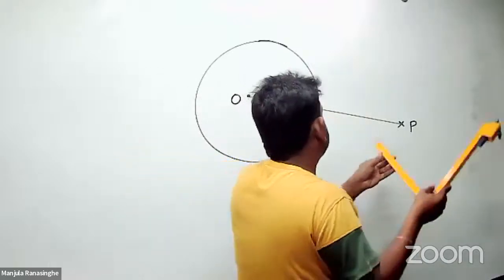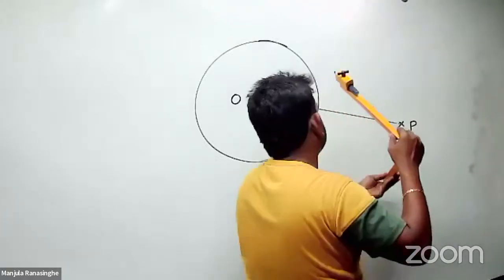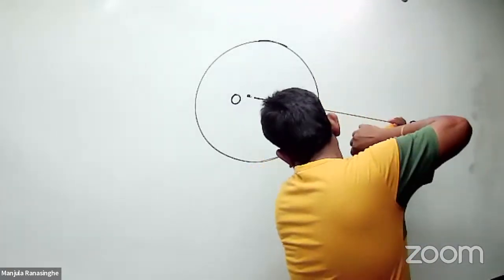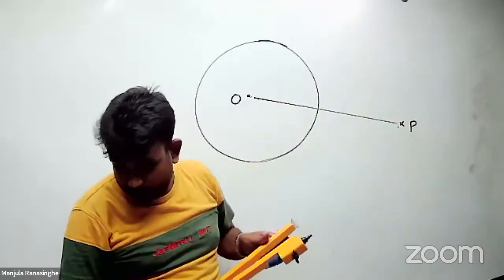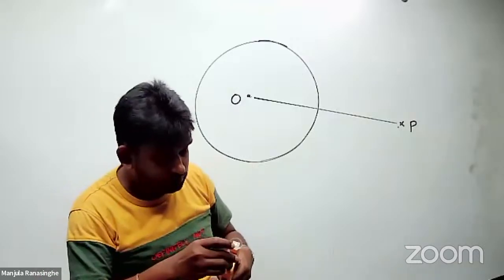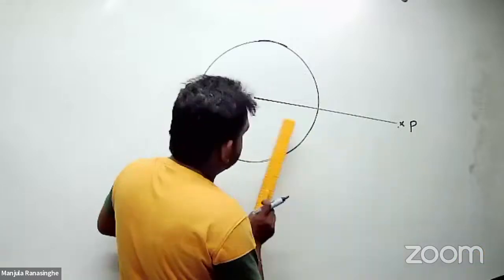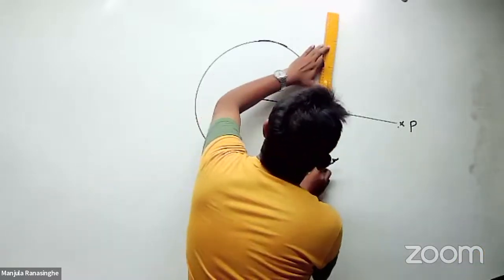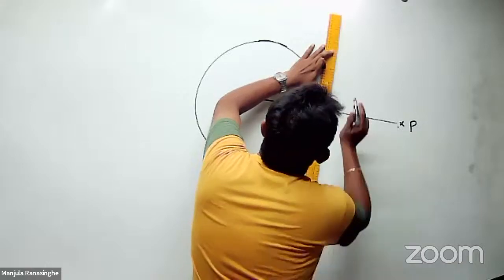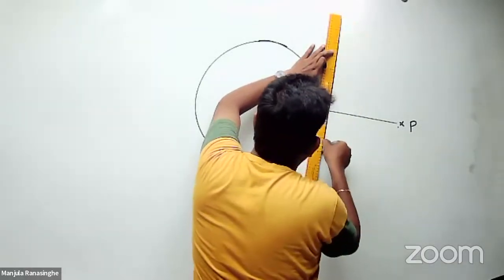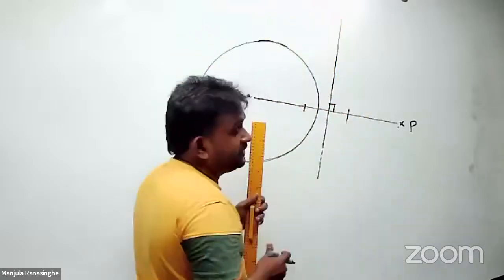They make arcs there and here. Now you can connect these two. That is the perpendicular bisector of this line.